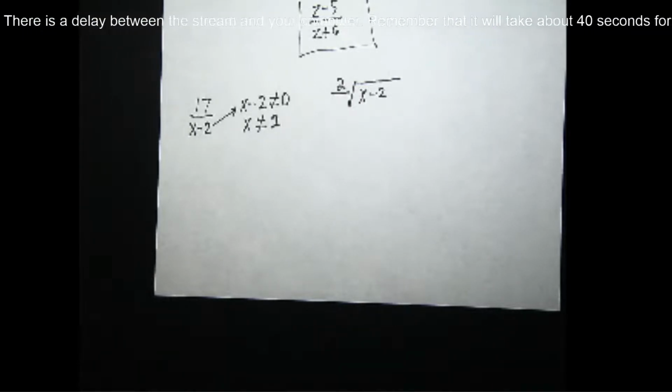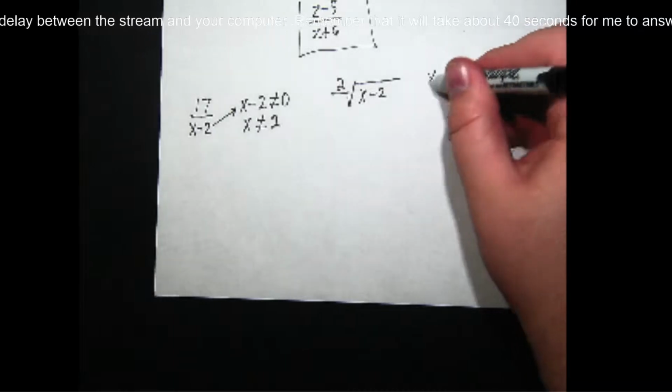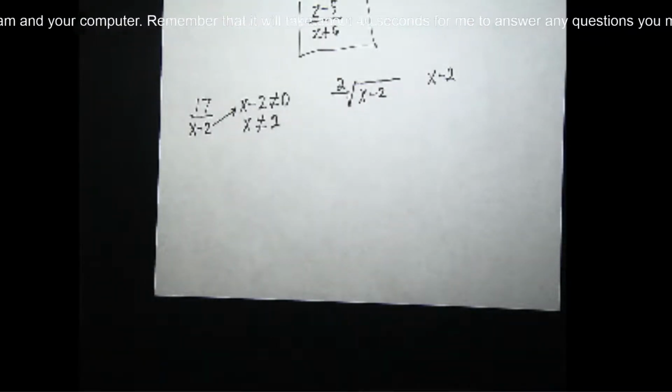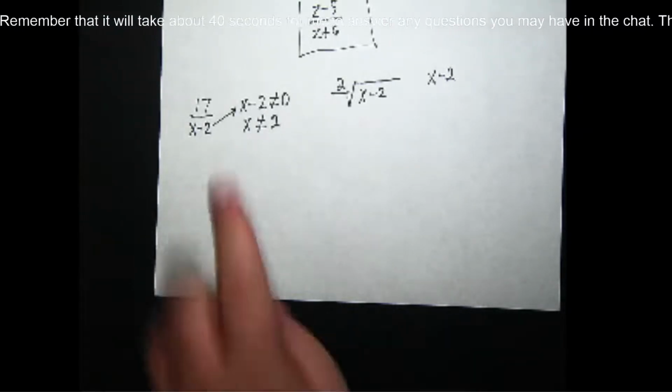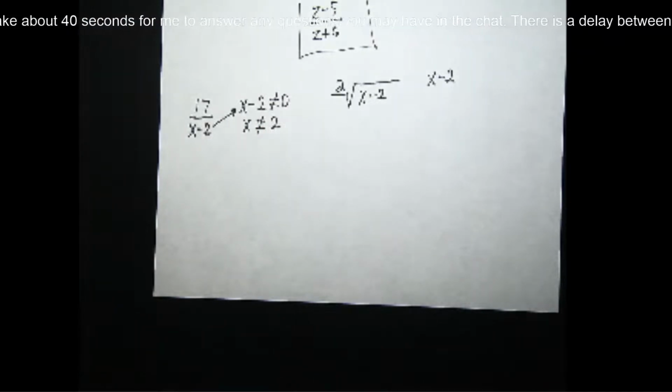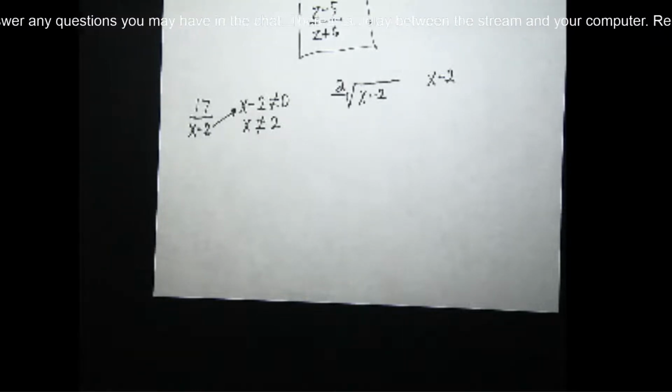Okay, so in this case we have x minus 2 under there. Any ideas on what we would do to say that it can't be negative? Kind of like how we said that this can't be 0. That would just get us back to the same thing.